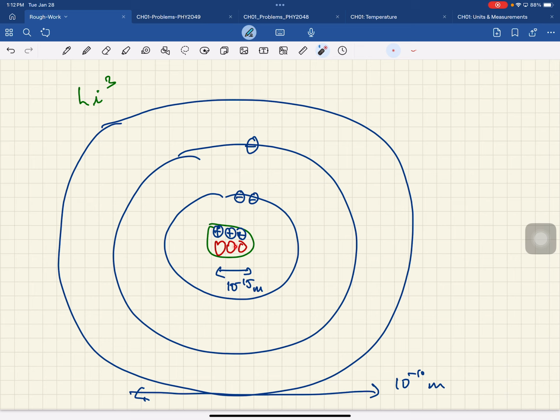This drawing is not to scale. The nucleus is 100,000 times smaller than the atom. If this atom were as big as a football stadium, the nucleus would be the size of a marble. So an atom is mostly all empty space.